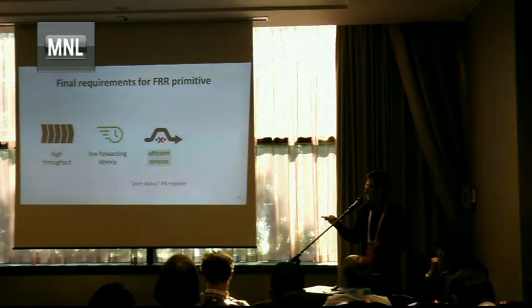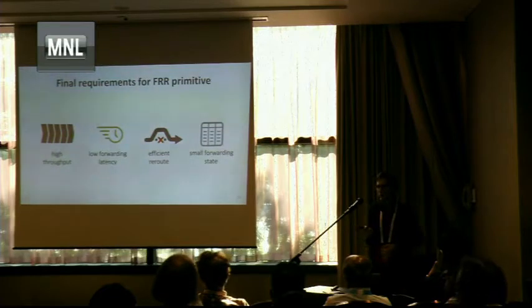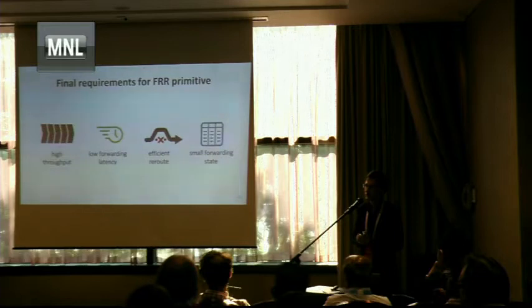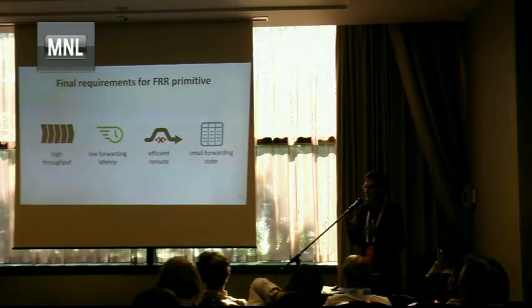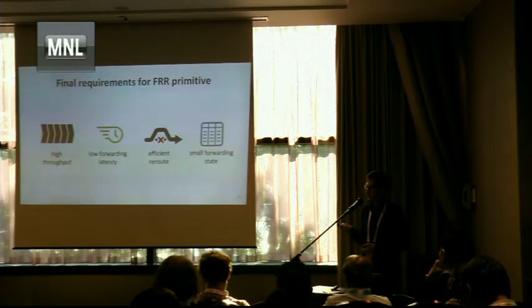And this is supported by simply updating the port status in the P4 register. But we mentioned before that P4 switches tend to have limited resources at each single stage. So we still want to keep the state that we need to implement these faster route actions as small as possible.